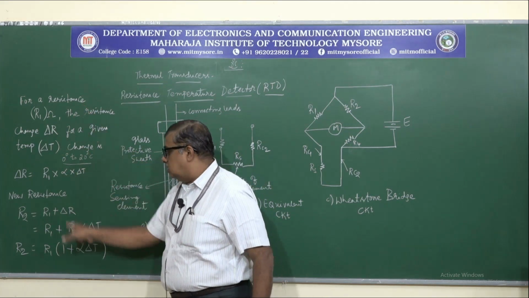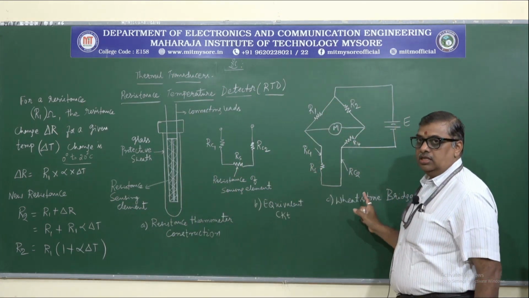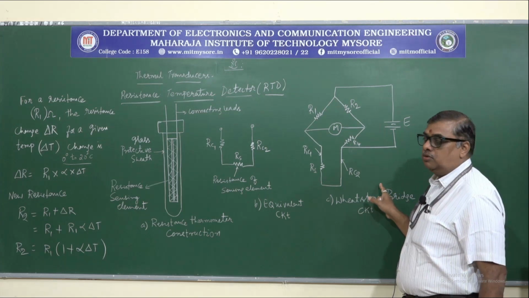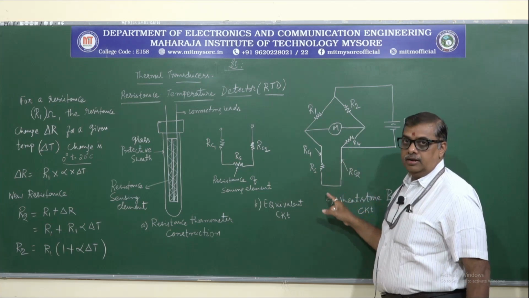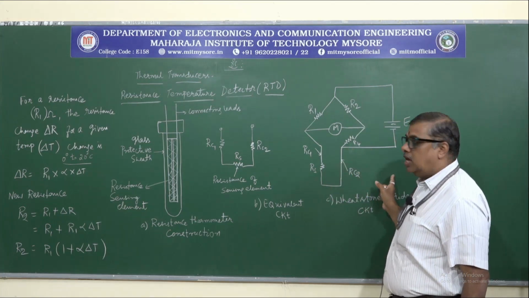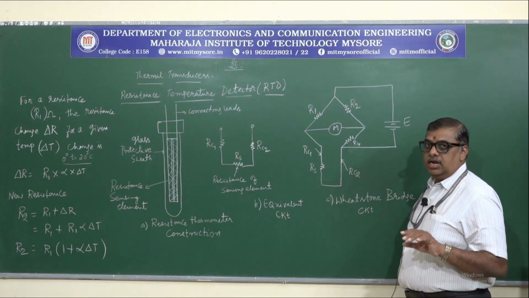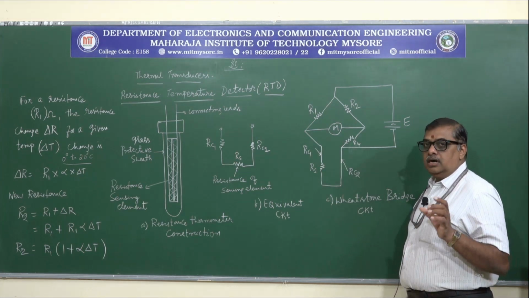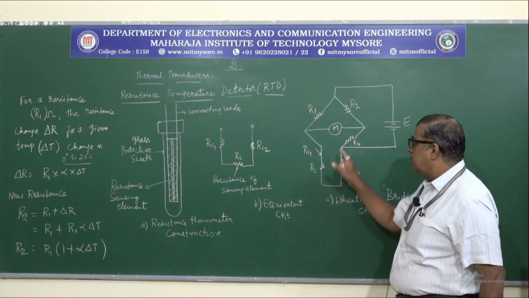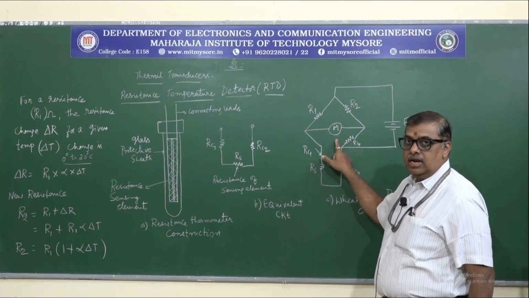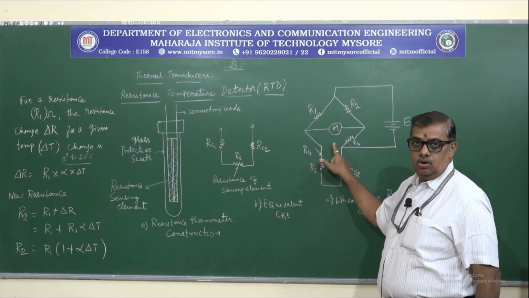Now with this principle, we have an equivalent circuit in the form of a Wheatstone bridge, where this circuit is connected as one of the arms. As you know, in a Wheatstone bridge we have four arms, R1, R2, R3 and R4. When the resistances are equal, the bridge is said to be balanced, and the meter reading, which may be a current reading or a voltage reading, will be 0.